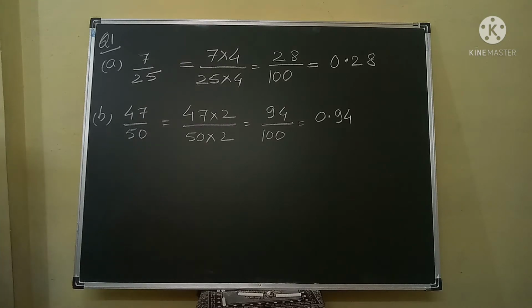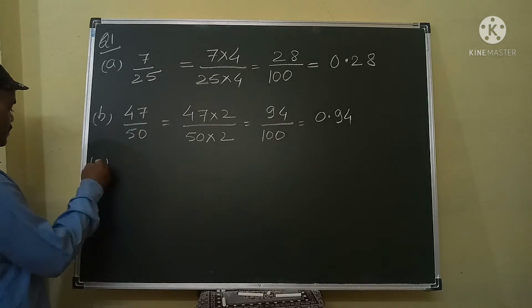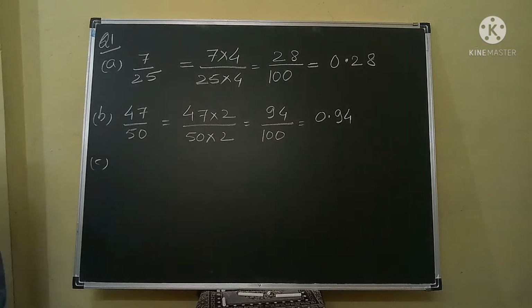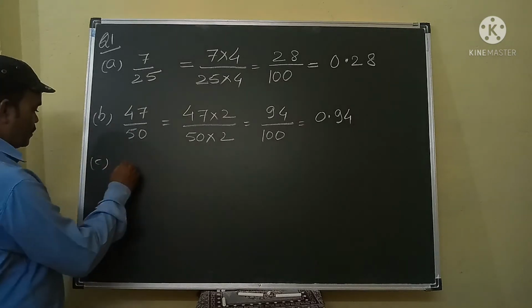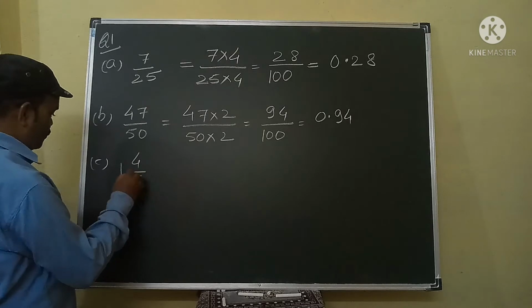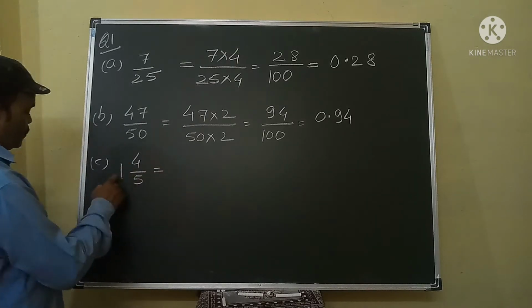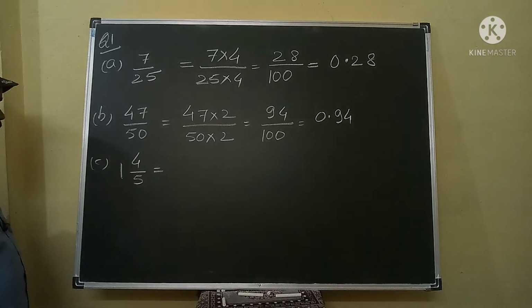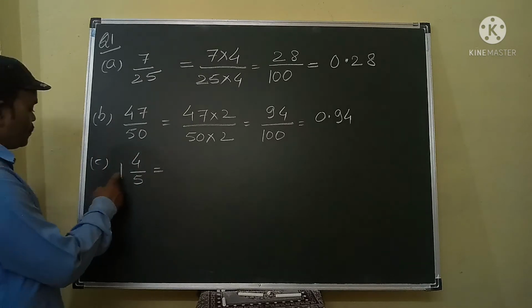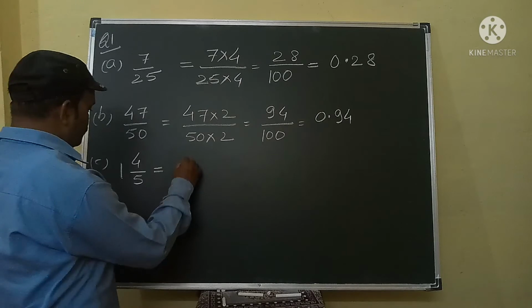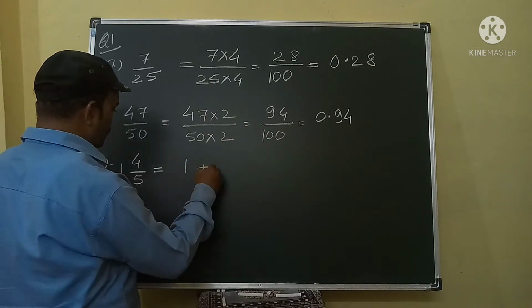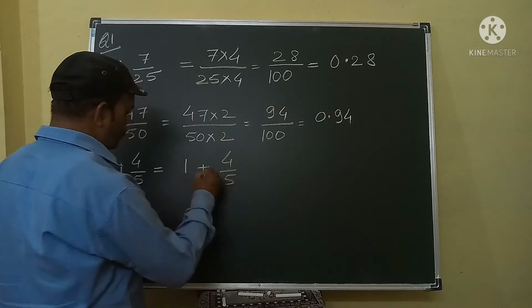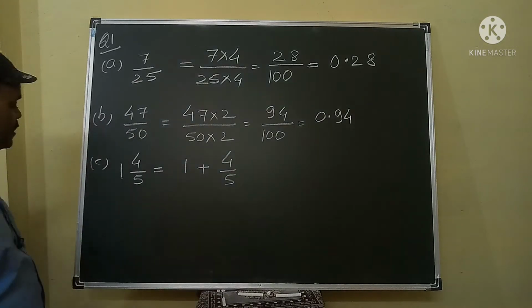Your next question is question number C, 1 and 4 upon 5. So this is 1 and 4 upon 5. This is a mixed fraction. So what will we do? 1 and 4 upon 5 we will convert to 1 plus 4 upon 5. Okay?